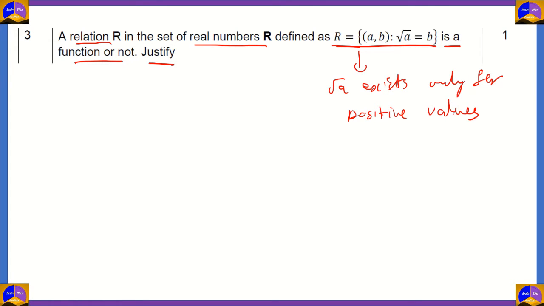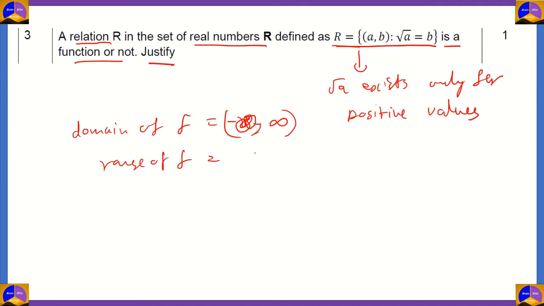Otherwise, it is imaginary. So what essentially occurs is that the domain of f is minus infinity to infinity, but the range of this function is 0 to infinity. So root a can only exist from 0 to infinity, while b can exist from minus infinity to infinity.